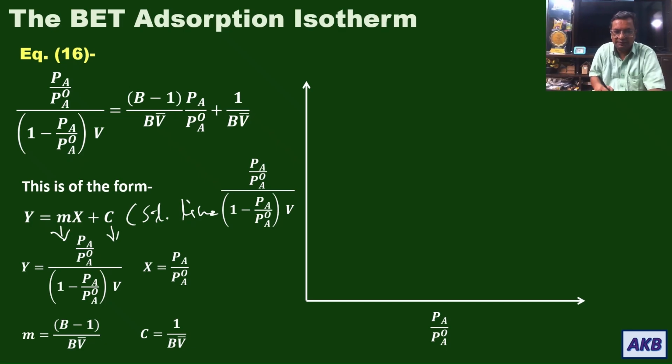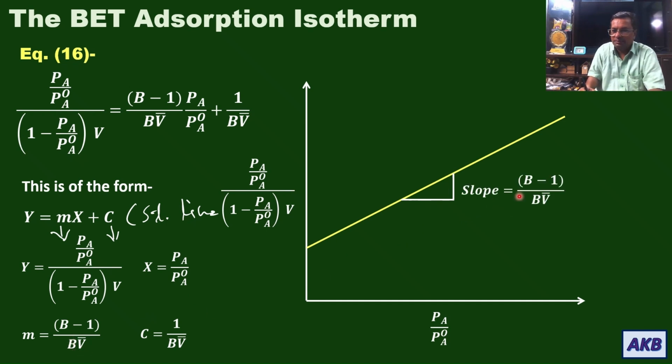So you'll get a straight line which has a slope of B minus 1 divided by B into V bar, and which makes an intercept on the y-axis. And what is that intercept? It is 1 upon B into V bar. So equation number 16 is the equation for the BET adsorption isotherm.